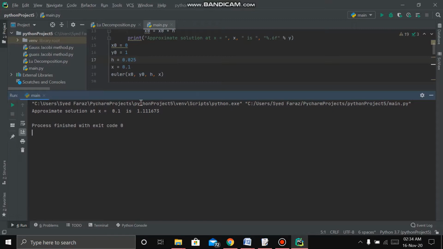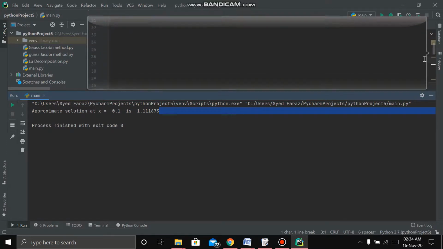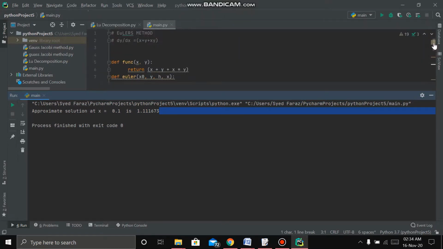So here we have an output that provides the approximate solution at x = 0.1 as 1.111673. So for the equation we considered, dy/dx = x + y + xy, at that specific point we have the result 1.111673 by using Euler's method.